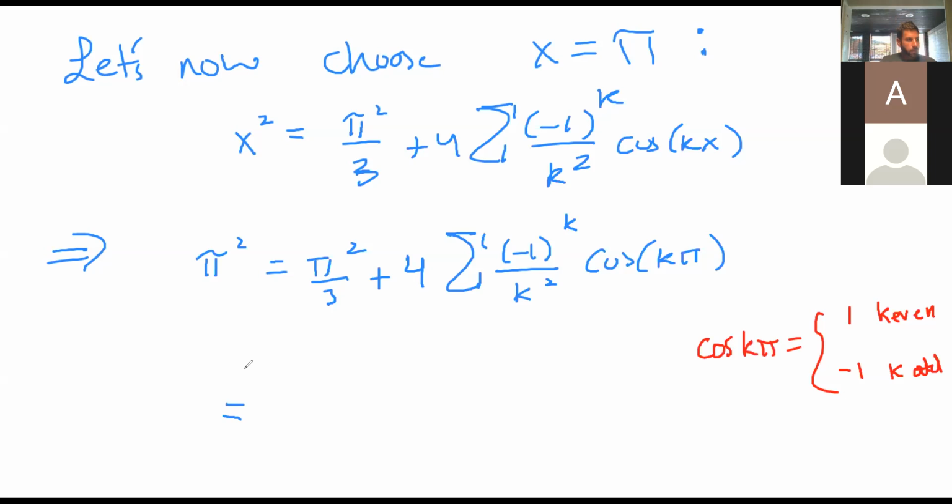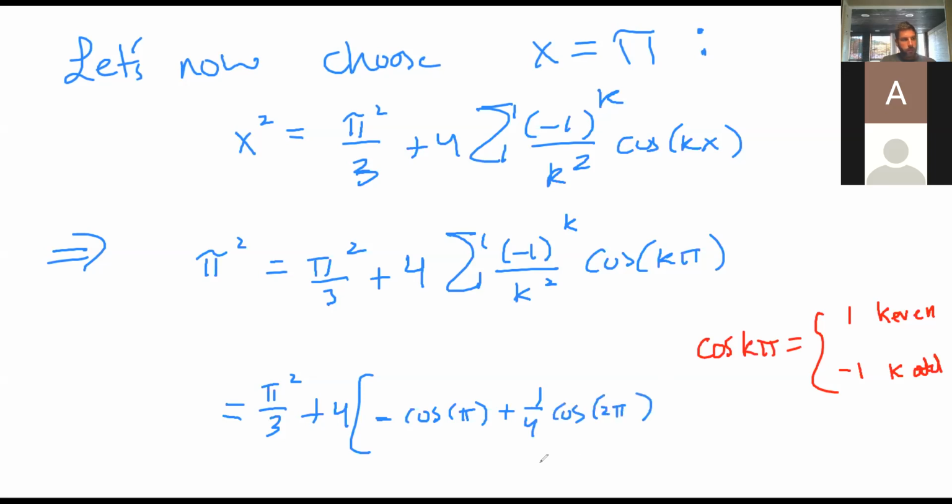This becomes pi squared over 3 plus 4 times: when k is 1, you get negative cosine of pi. When k is 2, you get plus 1/4 cosine of 2 pi.